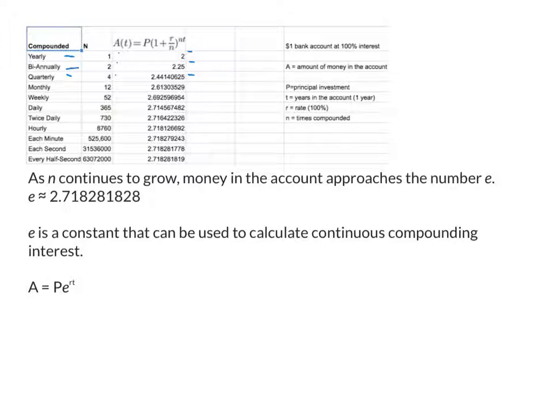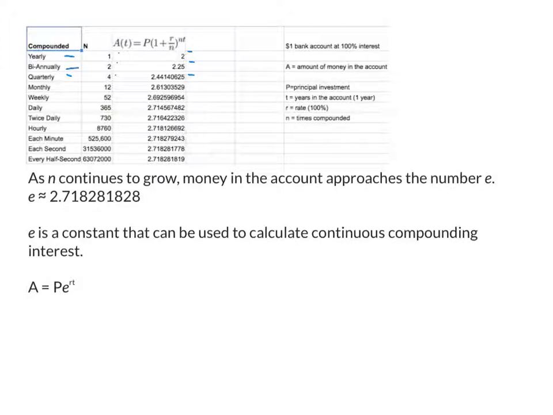If we did it monthly, if we compounded 12 times, we'd have $2.61. If we did it weekly, we'd have $2.69. If we did daily, we'd have $2.71. If we did it twice daily, we're looking at $2.72, which is probably going to be our best value. We're not going to be able to round up much more than that.